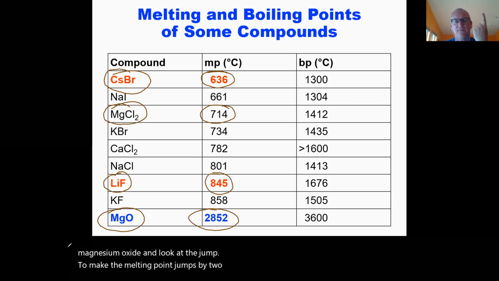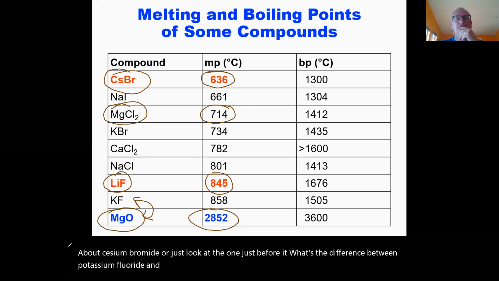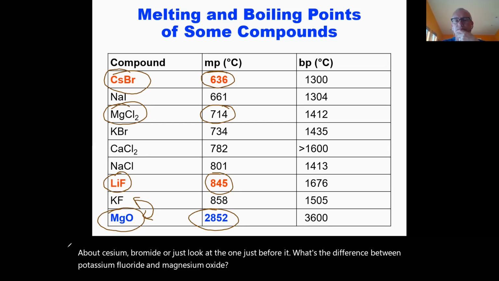What's different about cesium bromide, or just look at the one just before it. What's the difference between potassium fluoride and magnesium oxide? I'm just going to wait for an answer.